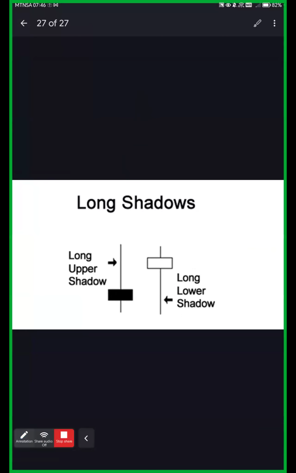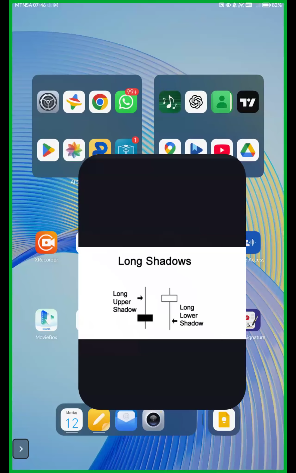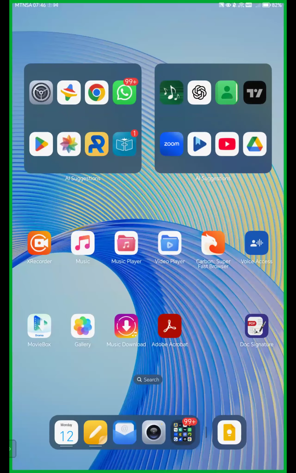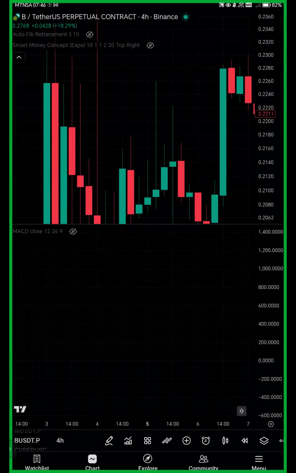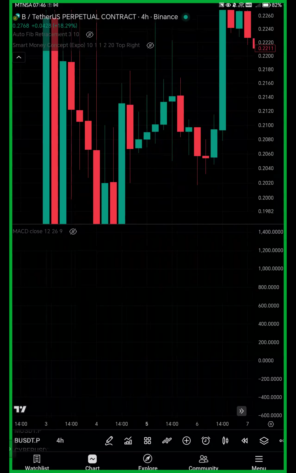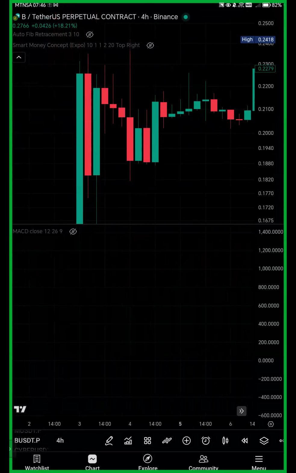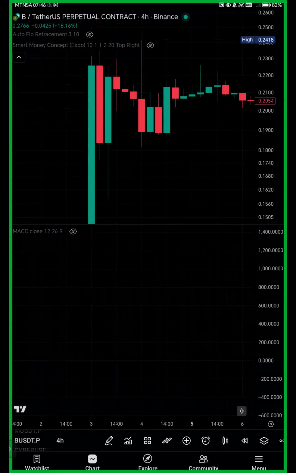You can see that in this scenario, price opened somewhere here. Or probably let me go to TradingView. I think it makes more sense when I'm using a live candle, the live market. Let me look for a candle with a long lower shadow.